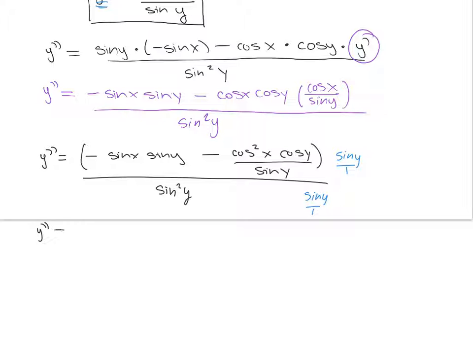Okay, so that makes the second derivative into negative sine x sine squared y minus cosine squared x cosine y, over sine cubed y.